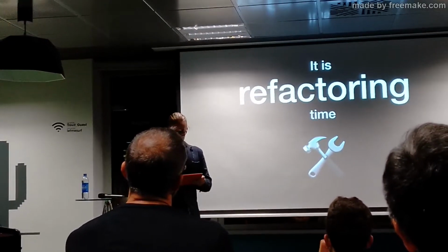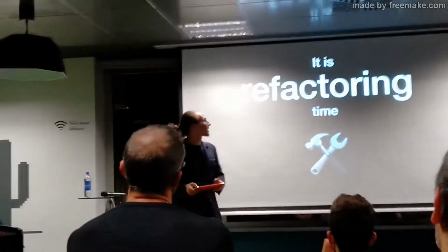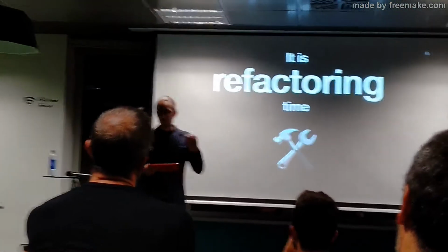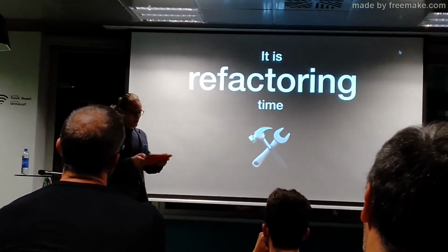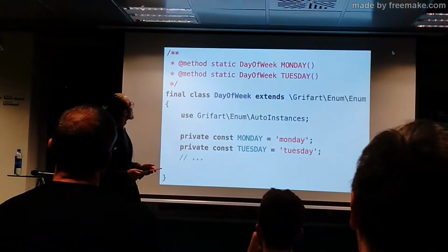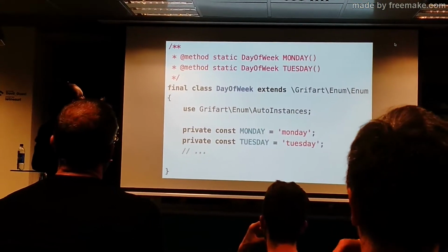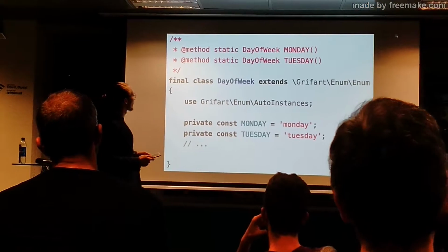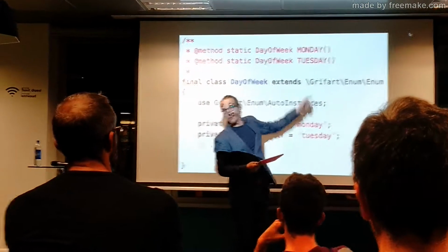And now I will try to refactor one enum, because there is still one missing piece, which we will fill here. So this is again my day of week enum, written in another enum library.